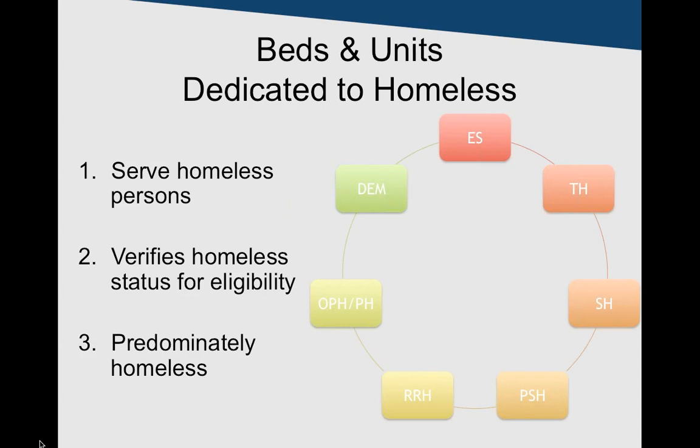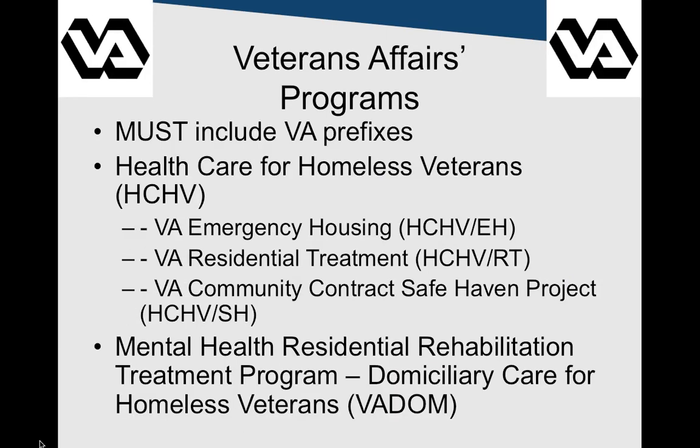So now let's spend some time going through the various programs that should be included as part of the housing inventory count and those project types, including emergency shelters, transitional housing, safe havens, permanent housing, rapid rehousing, other permanent housing, and rapid rehousing demonstration projects. So, Yvette, I'm going to turn it over to you to review those.